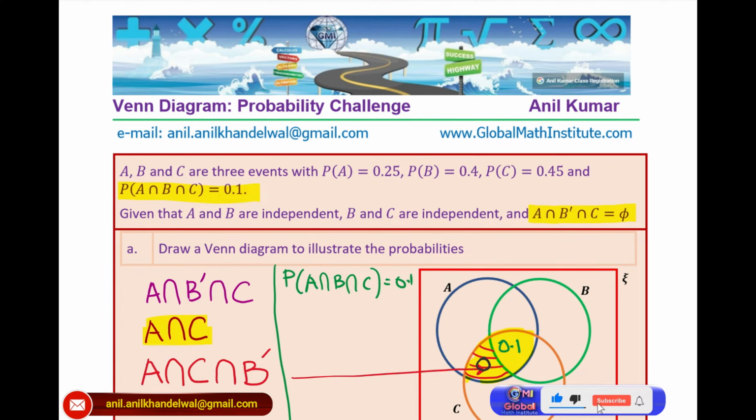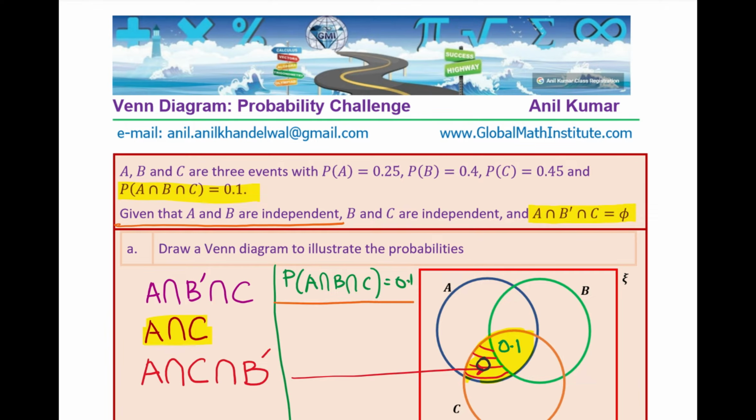When I say A and B are independent, it really means that the probability of A intersection B is basically equal to probability of A times probability of B. You get the idea. That is the meaning of independent events.